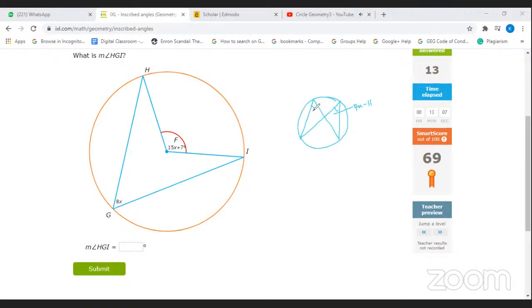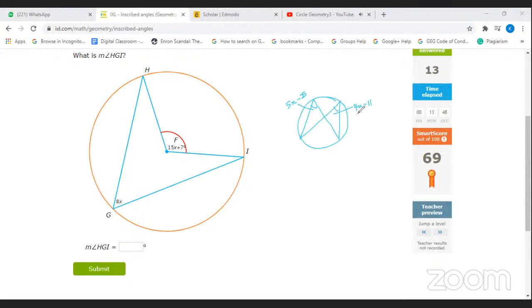What you have here is 5x plus 45. So this one will be 5x minus 25.